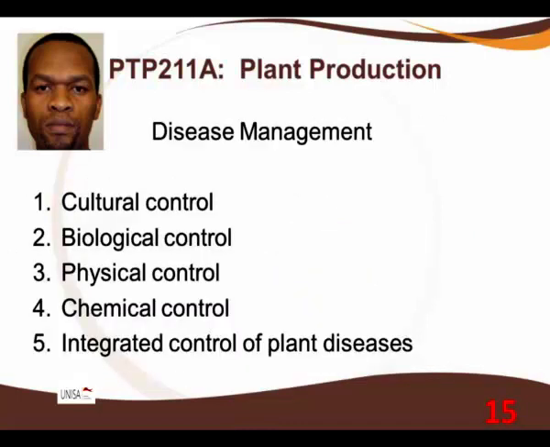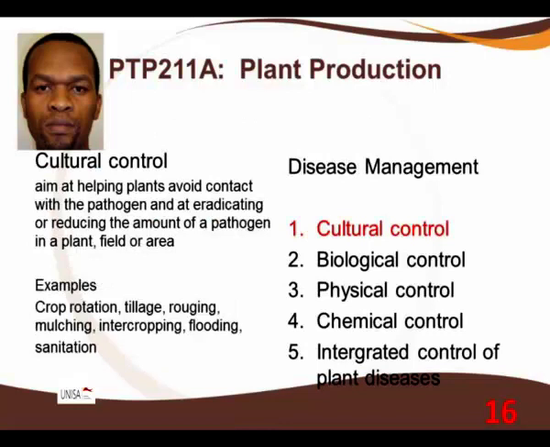Once proper disease identification has been completed, then the disease can be managed. There are various ways for managing diseases: cultural control, biological control, physical control, chemical control, and integrated control of plant diseases.